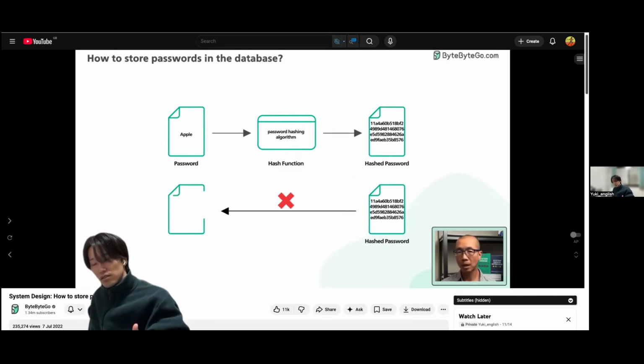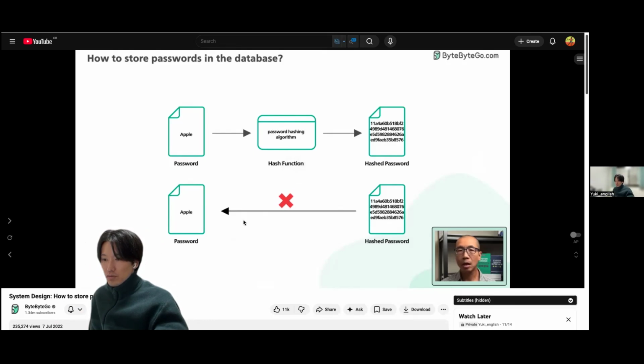Obtain means get. Decrypt means opposite of encrypt. It is important to decrypt the hash to obtain the original value.